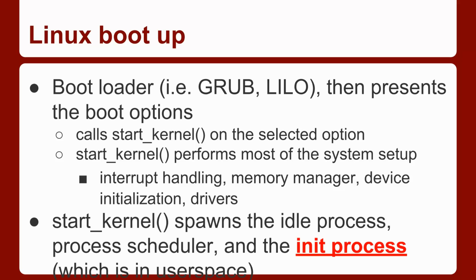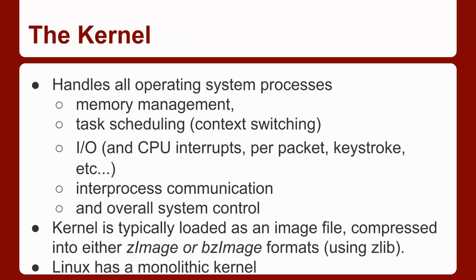And there's a difference between kernel space and user space. The kernel handles all the operating system processes. So the memory management, task scheduling, input, output, which is more than just keyboard, mouse, and monitors. The packets that the network interface, whether it's wireless or Ethernet or whatever, receives.